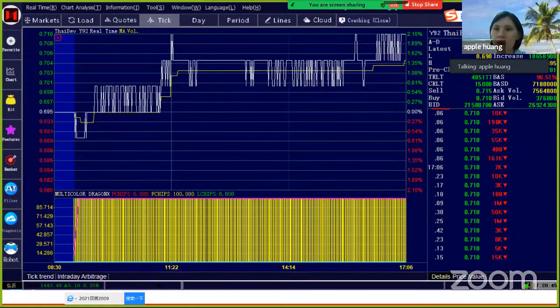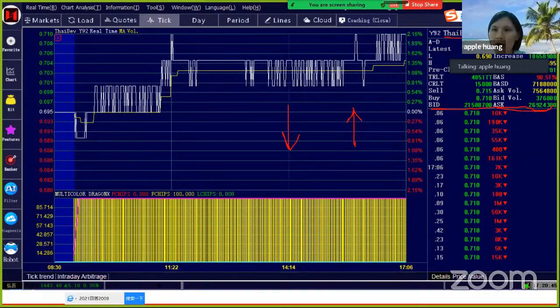And here the bid and ask. Last time I shared with you what bid volume and ask volume are. The bid volume are buying up, and the ask volume are selling down.